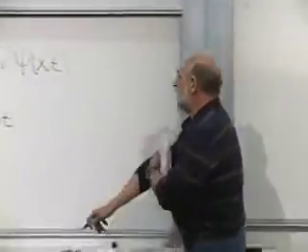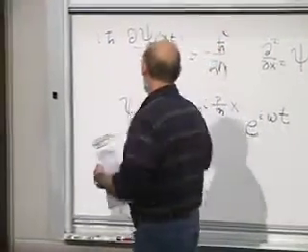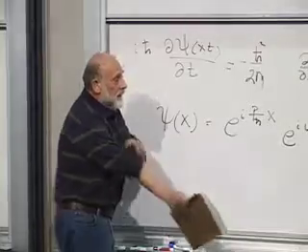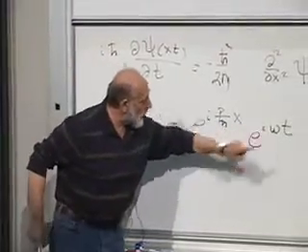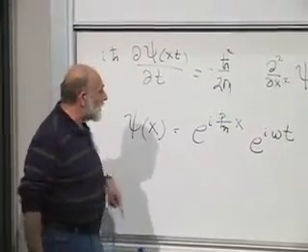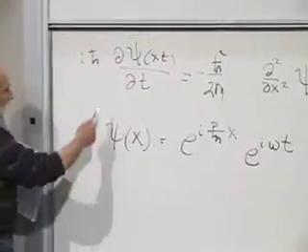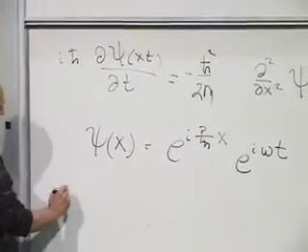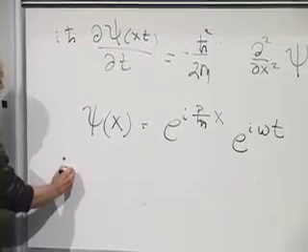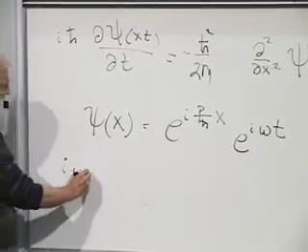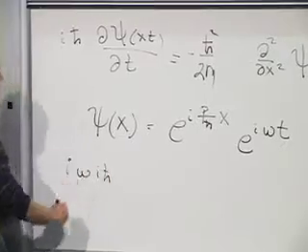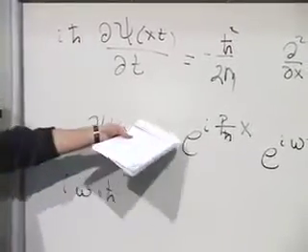Okay, what happens if we take psi of x and differentiate it with respect to time? Every time we differentiate with respect to time, we pull down a factor of i omega. So the left-hand side is just going to give us an i omega times i h bar times psi itself.